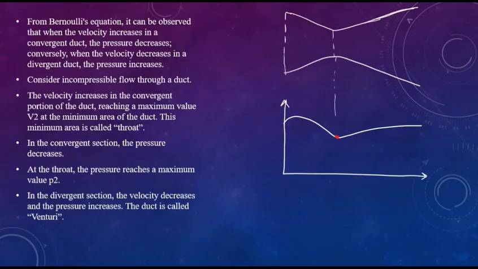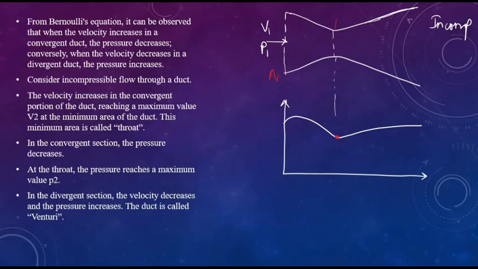So now let us consider a flow through a duct, and here we are going to consider an incompressible flow. Initially we had said that the flow is steady. Now we are going to assume that the flow is incompressible. So this is my duct where the flow is entering with the velocity V1 and pressure P1, and here we have the area A1.